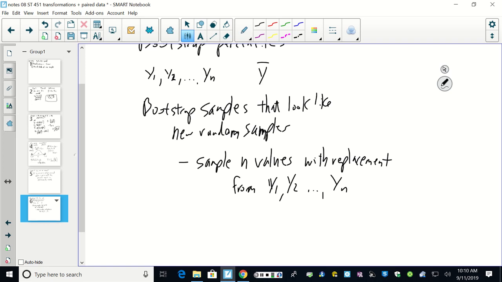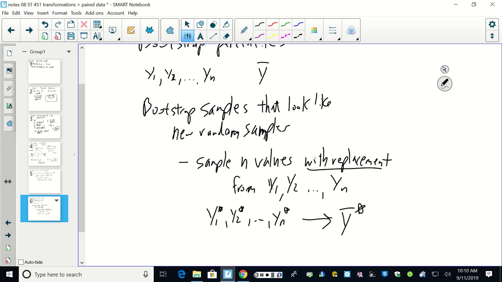We can call those new values y1 star, y2 star, etc., yn star. So they're a new sample, and based on those, we can calculate a new average. We will very likely get a different set of values, because with replacement means that we could pick some of these things multiple times.